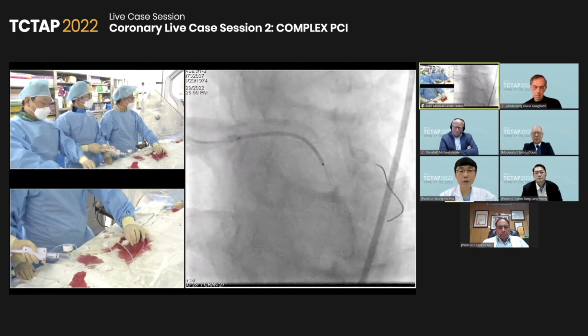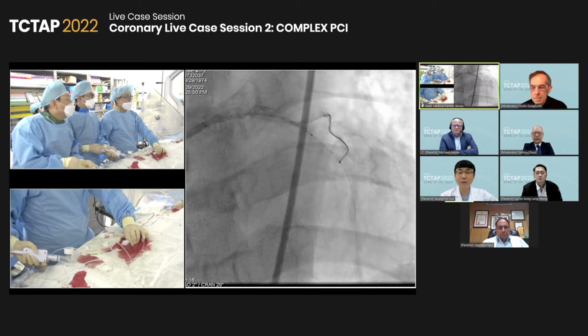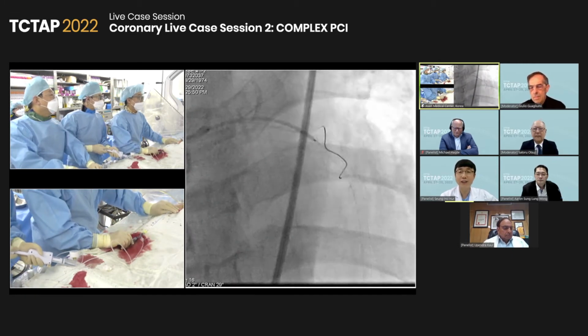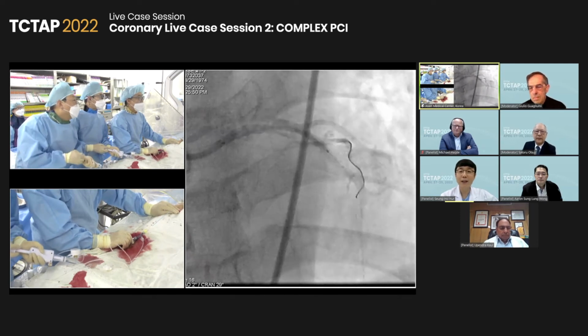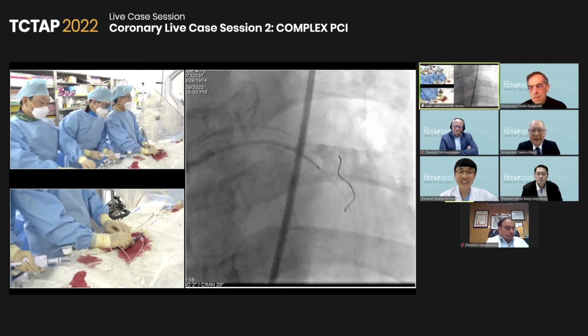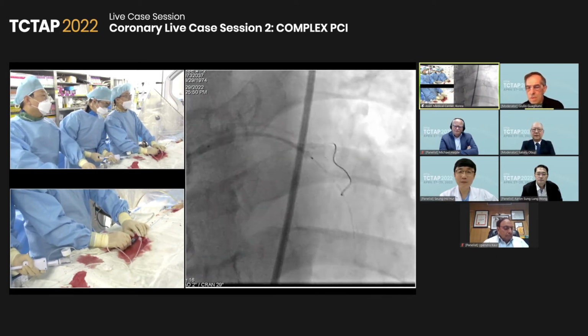So Dr. Guagulin, you just mentioned the pre-interventional IVUS shows some reverberation and there is some risk of slow flow. Okay, the IVUS shows some reverberation.